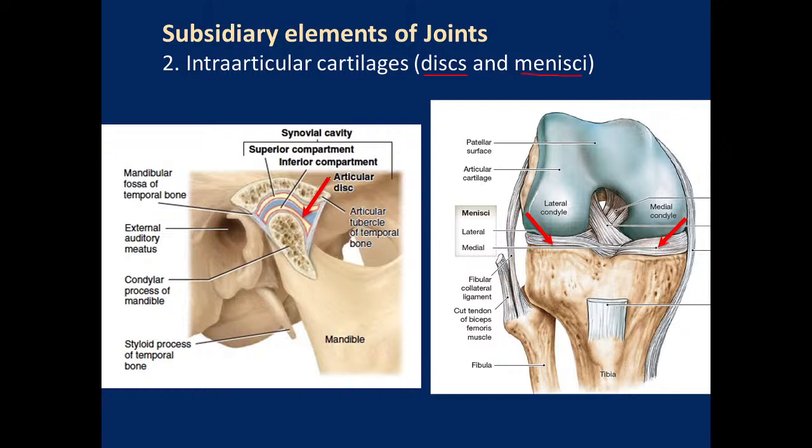There are two menisci, medial meniscus and lateral meniscus, and they connect with each other in the center of the knee joints.